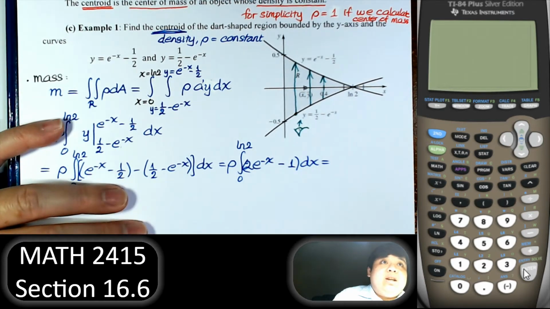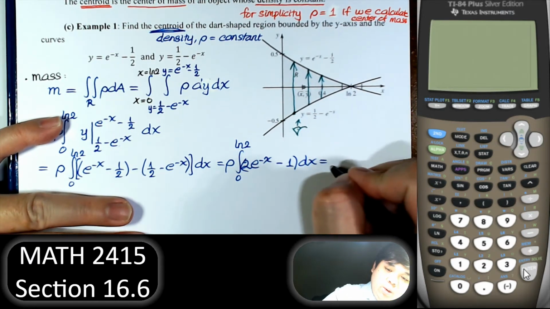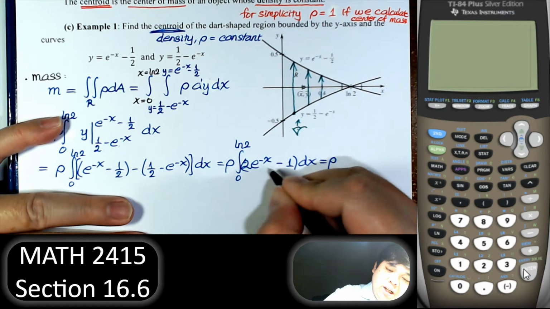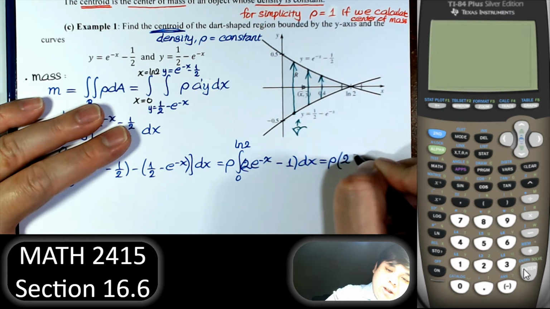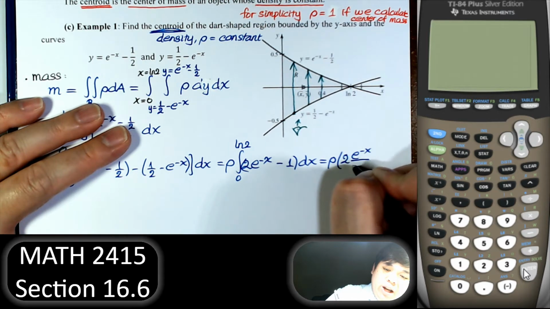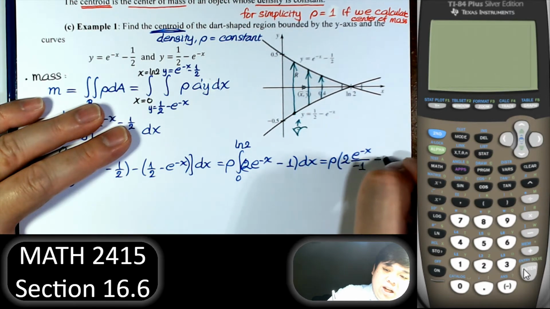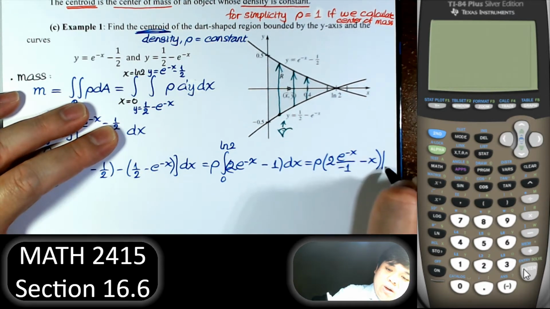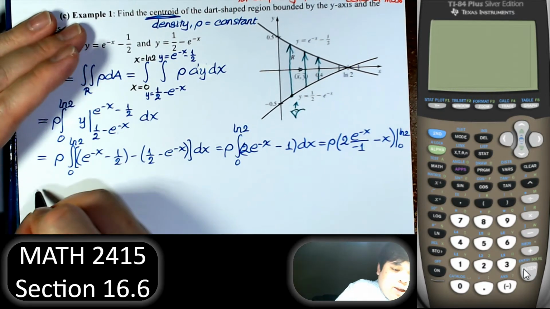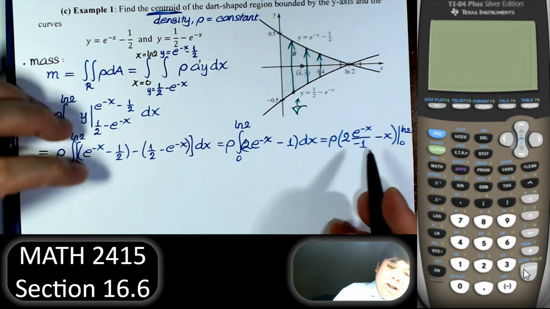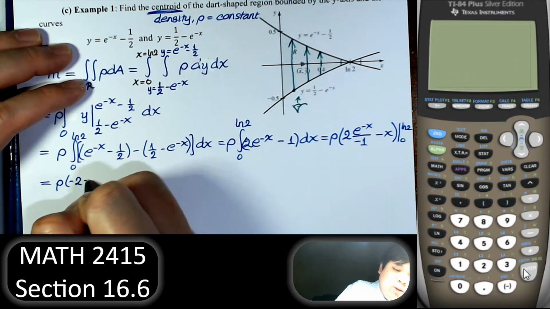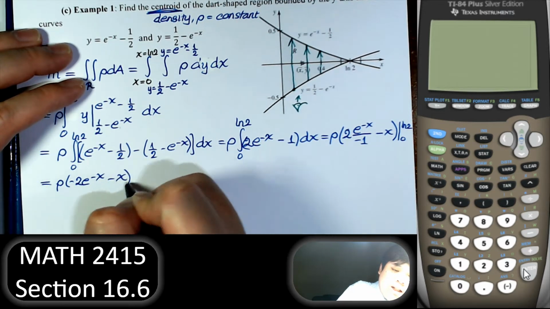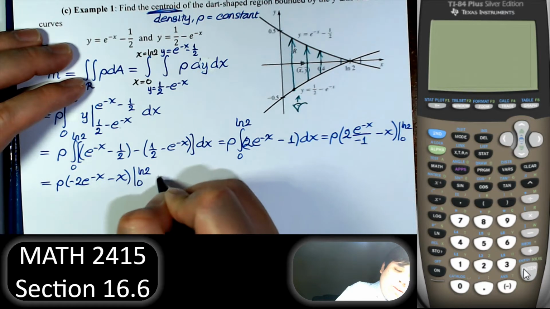Now integrate this. We have rho times: the integral of 2 e to the negative x is 2 e to the negative x over negative 1, and the integral of negative 1 is just negative x, going from 0 to ln of 2. So that gives us rho times negative 2 e to the negative x minus x, from 0 to ln of 2.